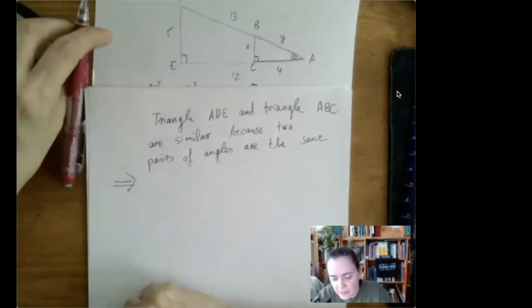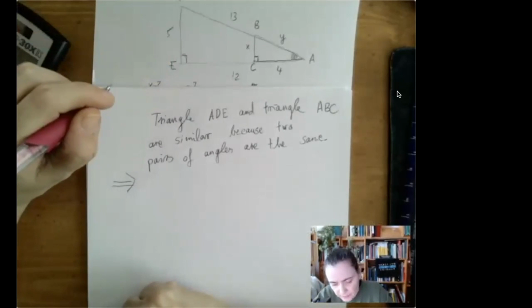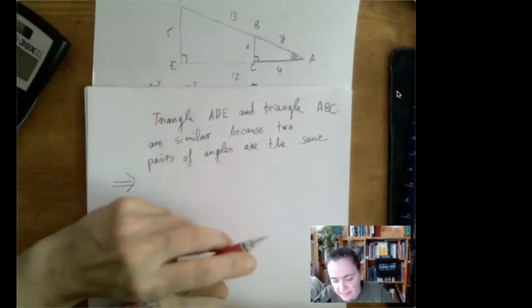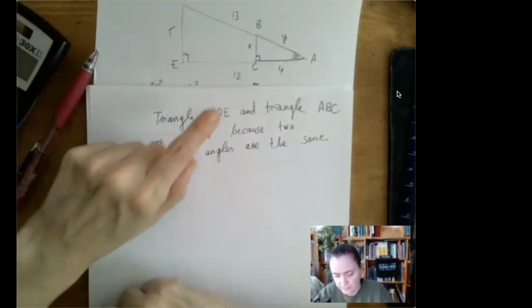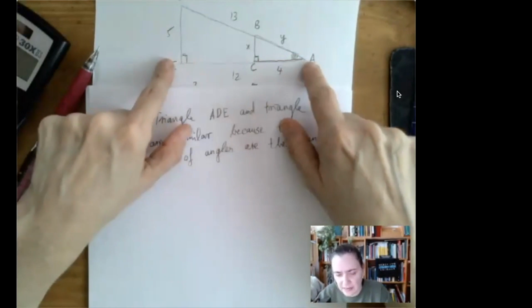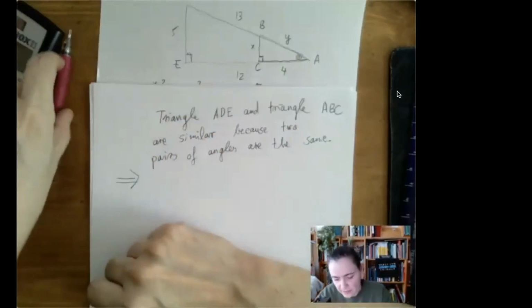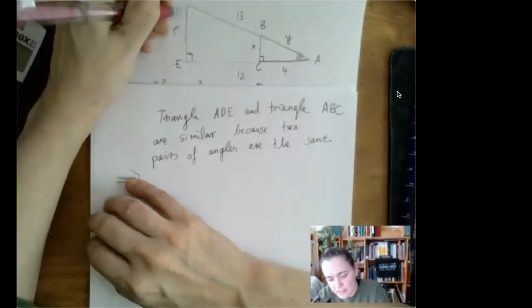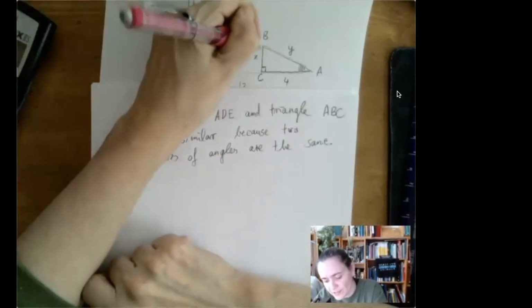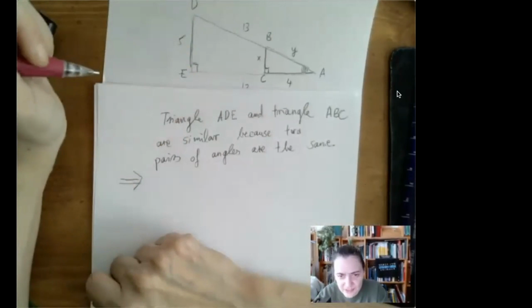And if you think about it, this side corresponds to this side. They're not twisted and turned. So this is kind of easy because the horizontal side corresponds to the horizontal side. The vertical side corresponds to the vertical side.